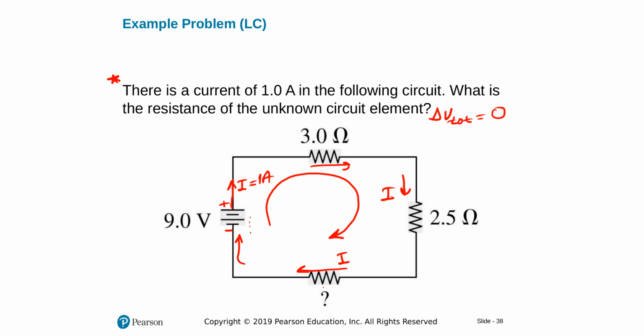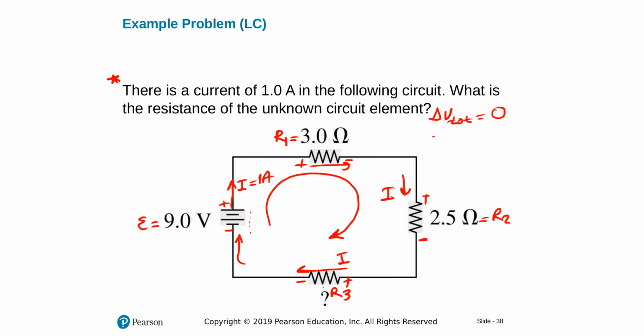We're walking towards plus, so we have epsilon. Maybe call these R1, R2, and R3 here. Walking along the current, I'll have all negatives for IR.